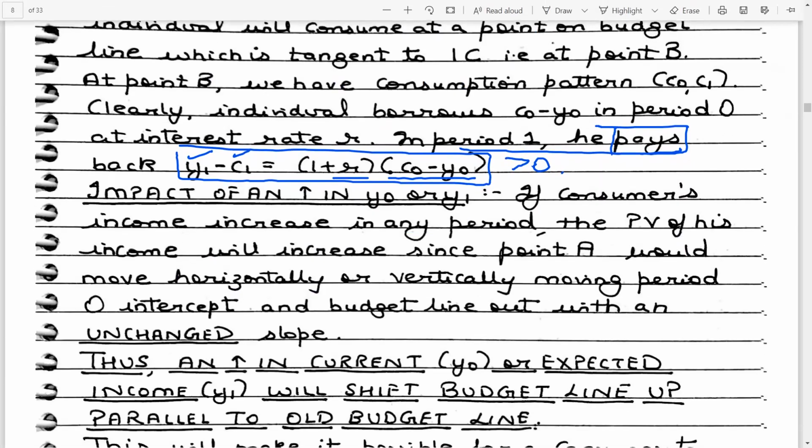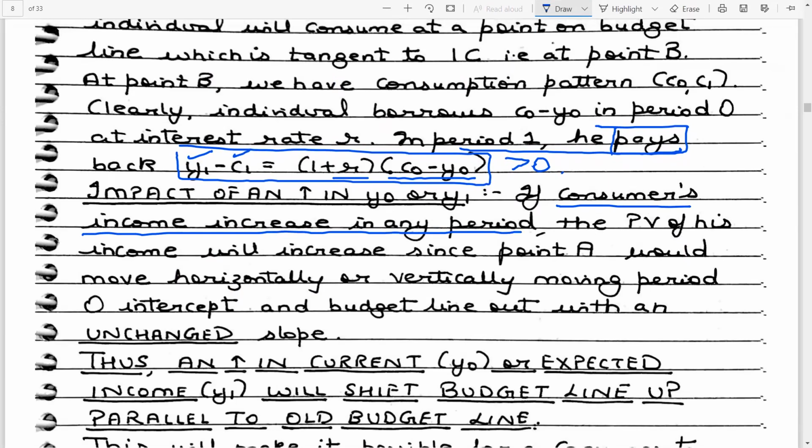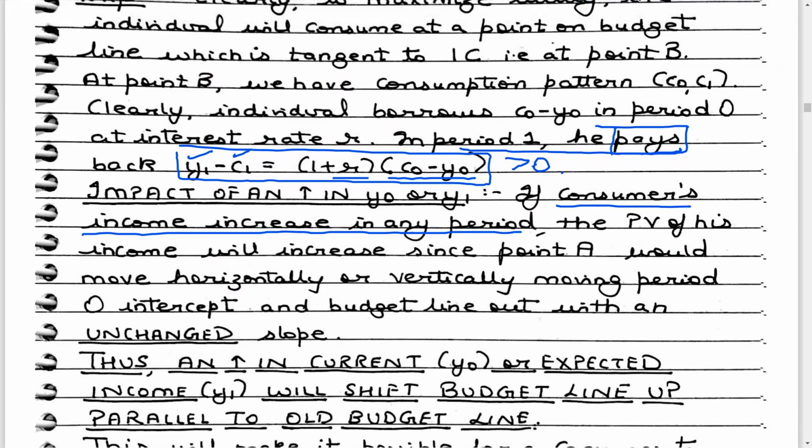If the consumer's income increases in period 0 or period 1, the present value of his income will increase, since point A will either shift horizontally to the right or shift vertically upwards.